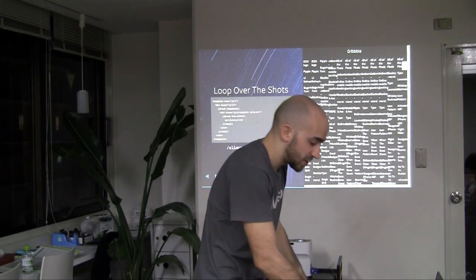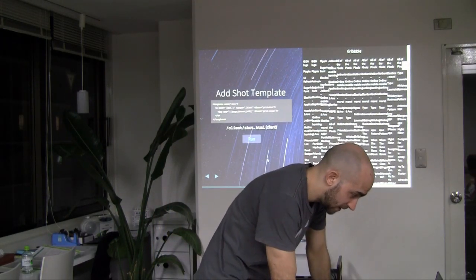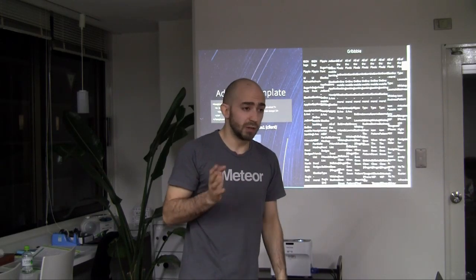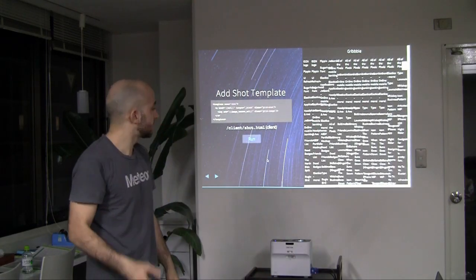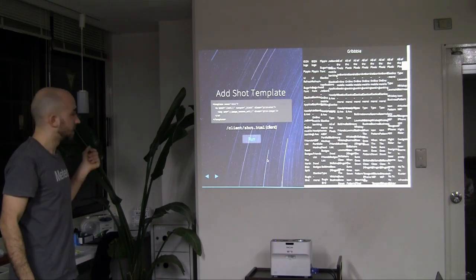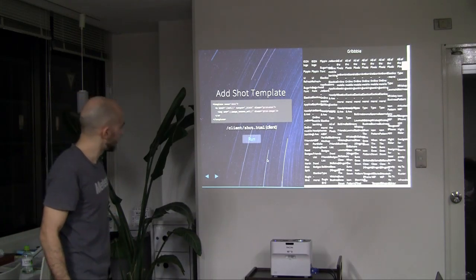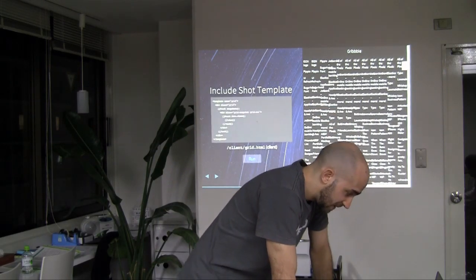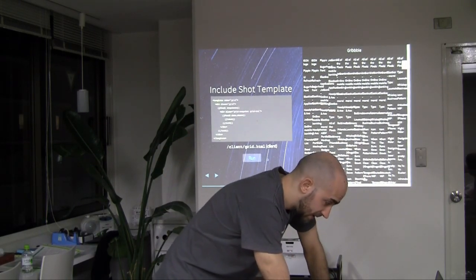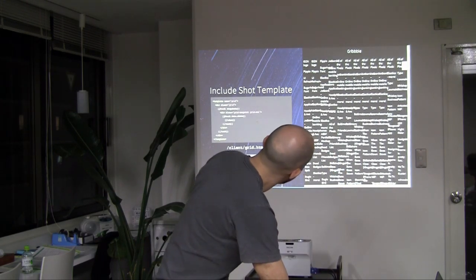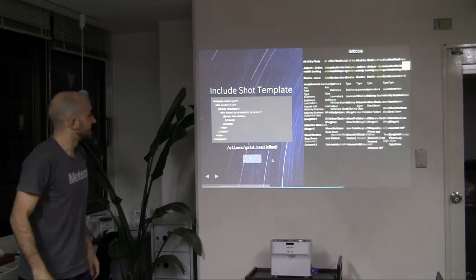We don't want to just display the title, we want to display the image, right? So we'll create another template called shot, which is just going to contain a link and an image. And now once we've defined a template and included it in our second embedded loop, let's see what we get.